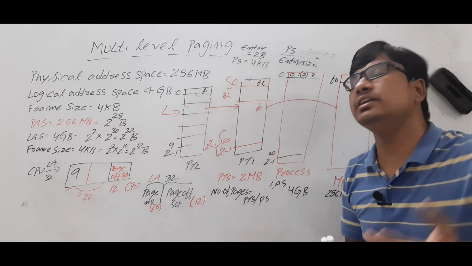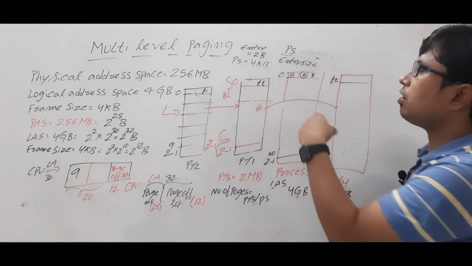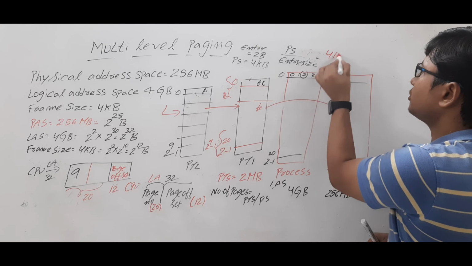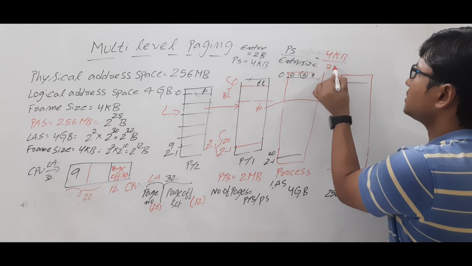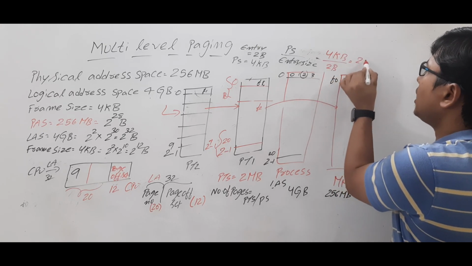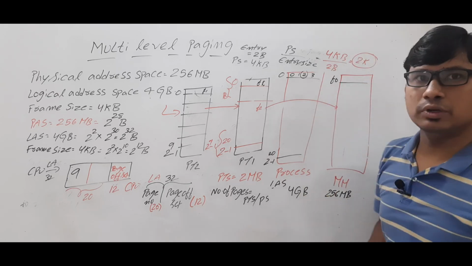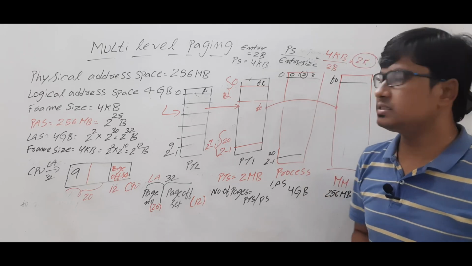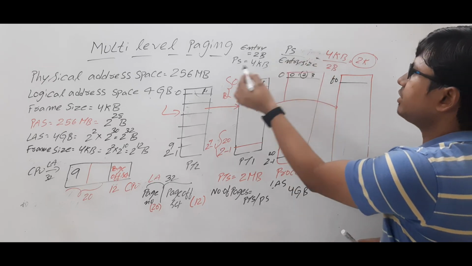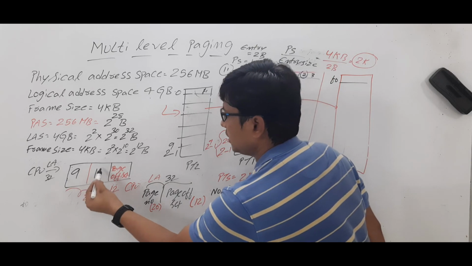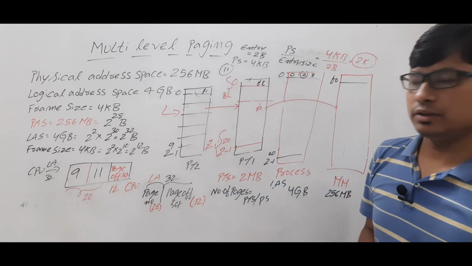How many entries are possible will depend on page size by entry size, where the page size is 4 KB and entry size is 2 bytes, then you will have 2K entries possible. If you have 2K entries, then you need 11 bits to represent that. So that's why you will have 11 bits here. Are you able to understand?